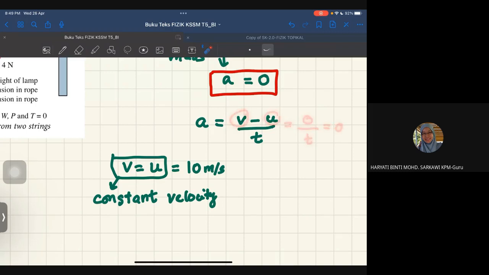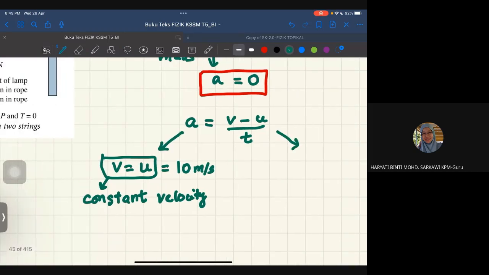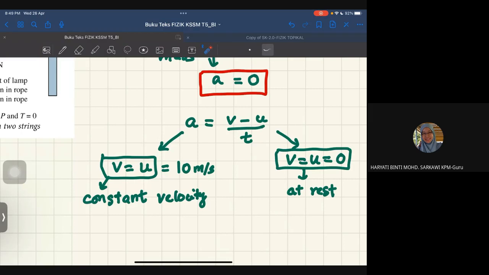This is the first situation. The second situation is where the object is stationary, so v equals u equals 0. So we have two situations where the acceleration is equal to 0: stationary or at rest, and constant velocity. You must remember this.